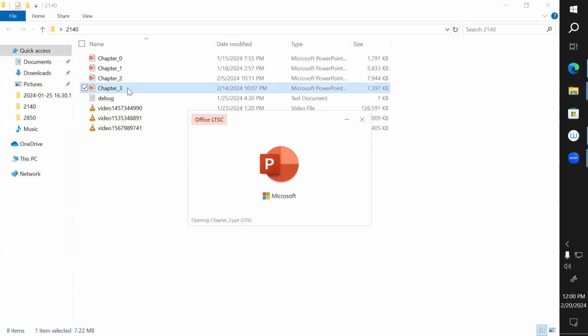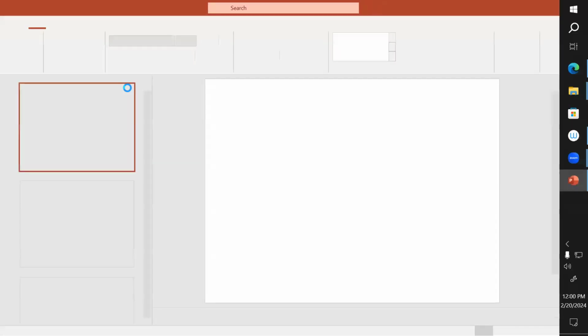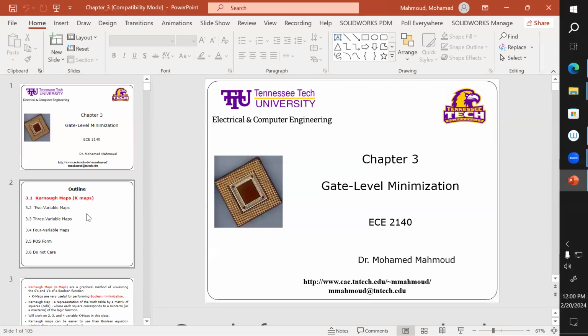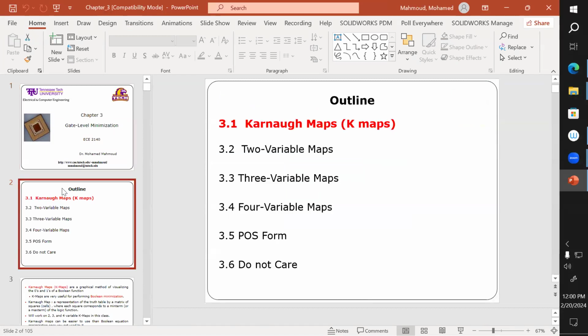Okay, guys, so let's start. As I told you in this chapter, what I'm doing is simplification. If you have a logic function, how can I simplify it? Someone can ask, we have already done that, so why do it again? Yes, we did it, but using algebra manipulation.